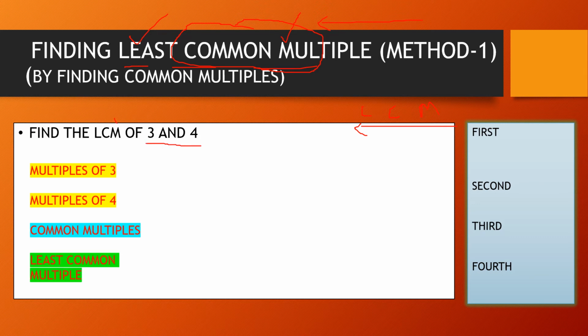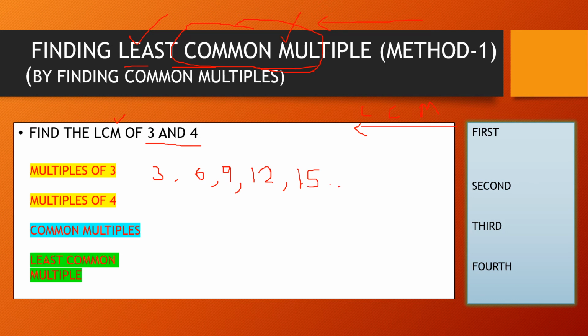So first thing is write the multiples. So let me write the multiples of 3. So what are the multiples of 3, children? Remember? Yes, 3. After that 6. Okay, good. Then tell me. 9. Okay, good. 12 and 15 and so on, right?